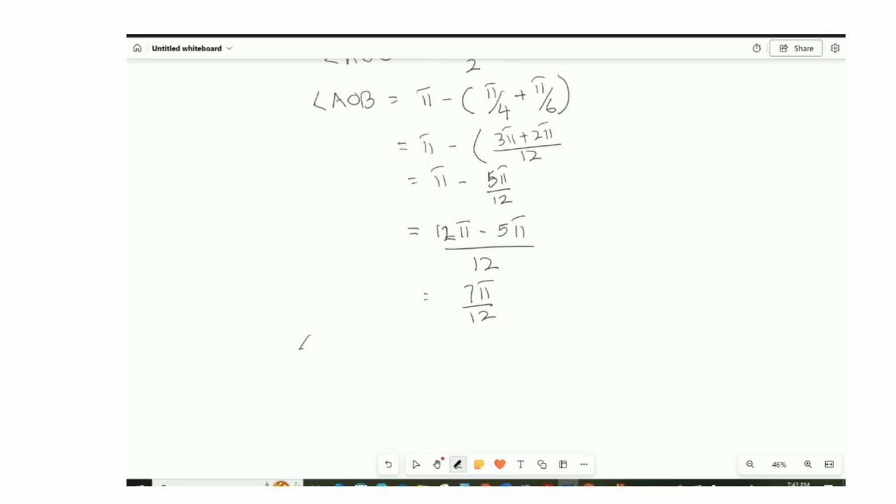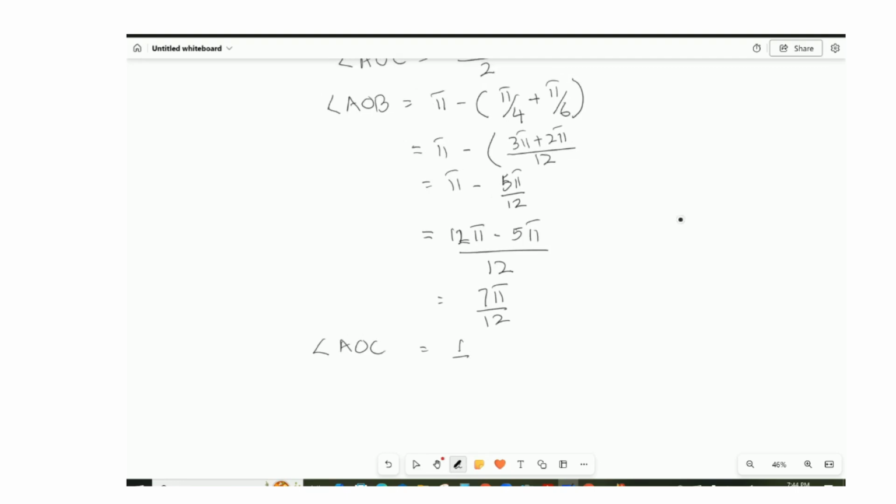Therefore angle AOC is half of OAB, that means half of 7 pi divided by 12.